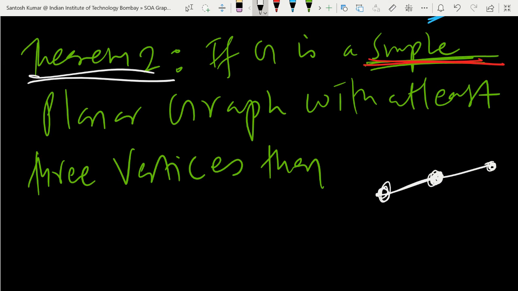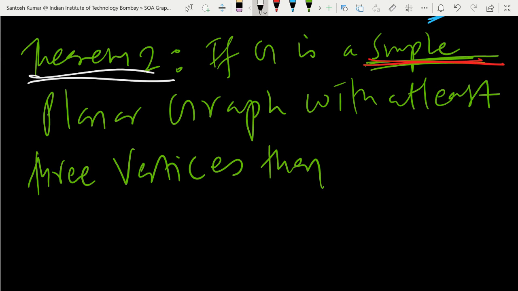You know a cut edge contributes how many to the length? It is going to be 4 here. Both are cut edges, so each will contribute 2 in the length. So the length of the region is actually 4. So it is at least 3 in case of a simple graph.